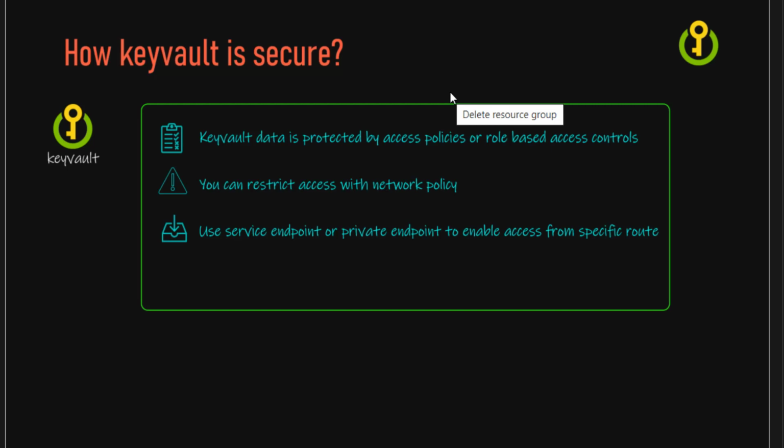So these are the different security features available in Keyvault, which you can adopt in your projects to decide how you want to grant access to the resources that want to utilize or read data from the Keyvault.